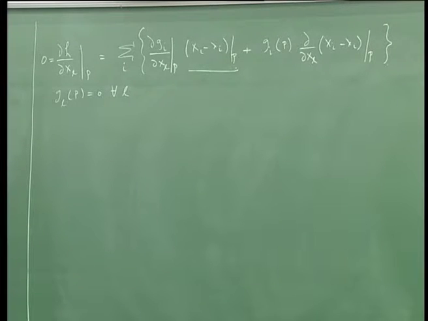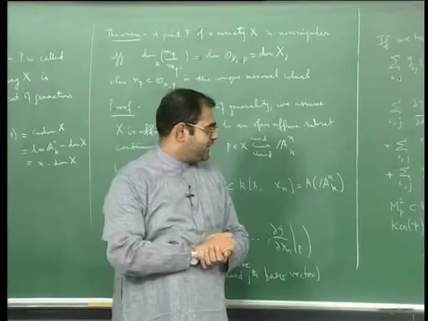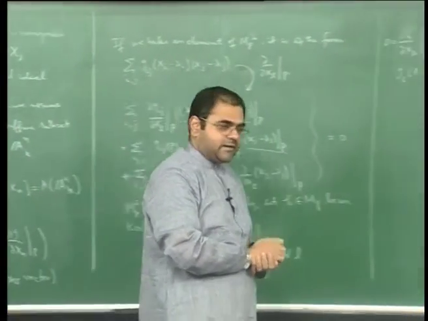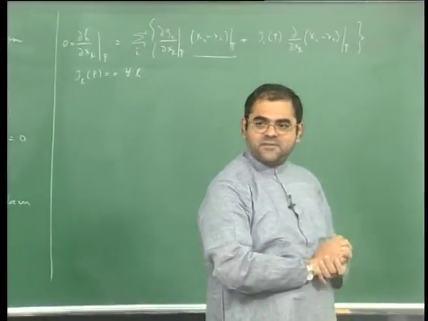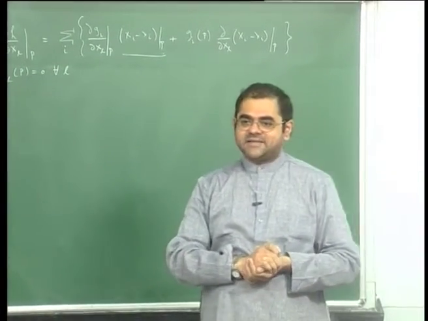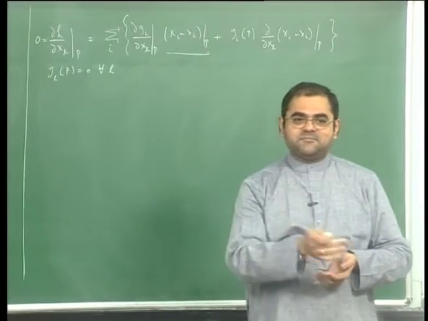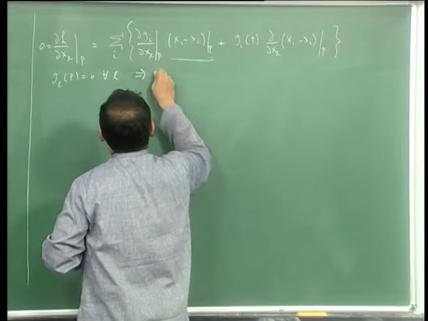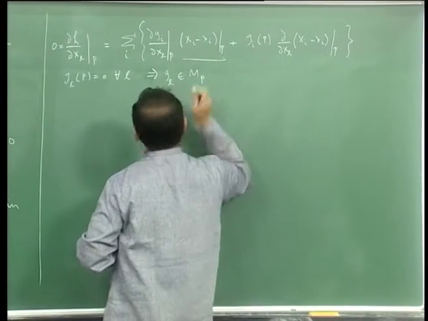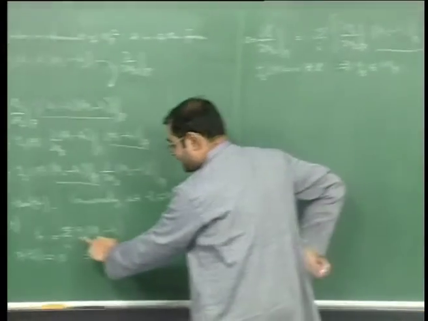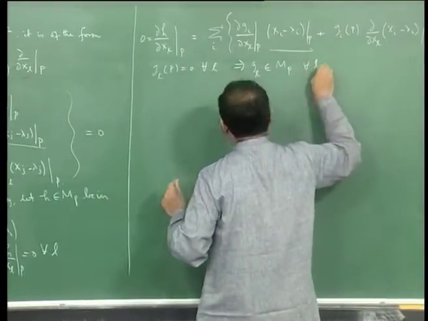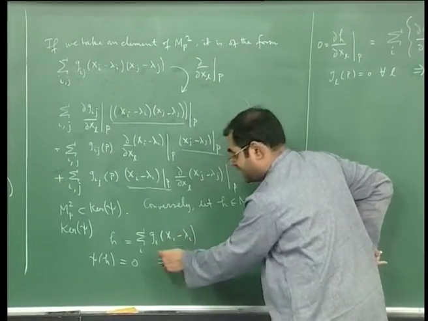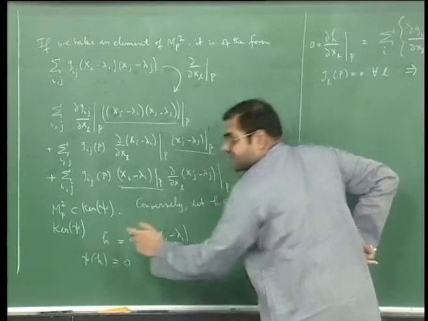So g_L of P is 0, but what does that mean? If a polynomial vanishes at P, then it is precisely in the maximal ideal of P, because M_P is exactly the ideal of polynomials which vanish at P. So g_L is in M_P for all L, so all these g_i are in the maximal ideal and these terms are also in the maximal ideal, therefore the product is in M squared and therefore H is in M squared.